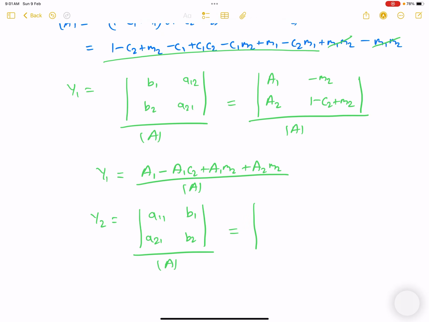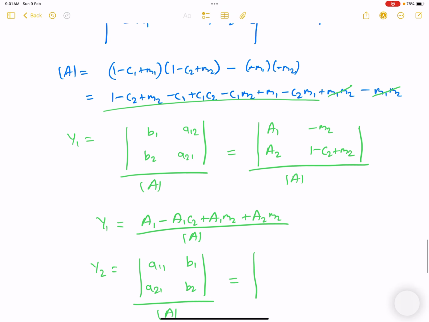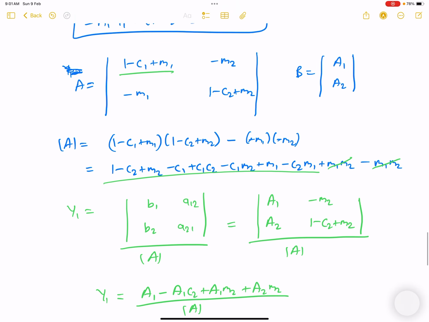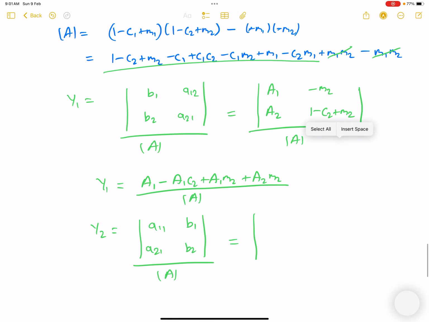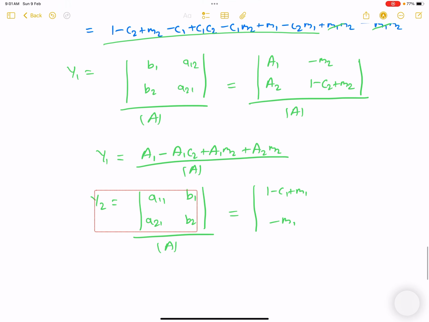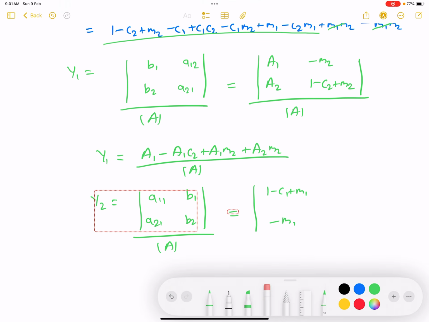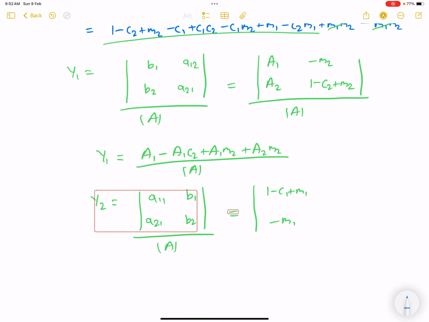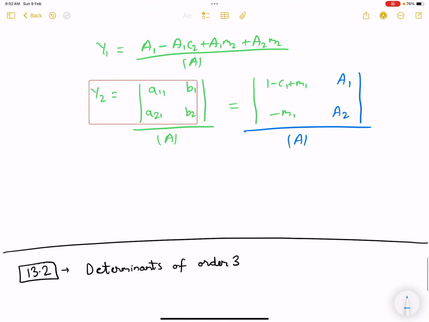So a11 was this thing, 1 minus c1 plus m1, and this is b1 b2 or a1 a2, upon A determinant.